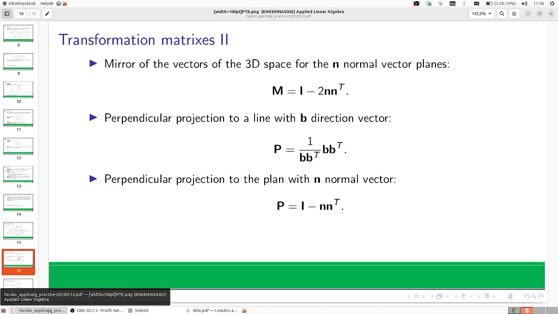This is good, but not the task. 1, minus 1. That's good. So from this, you will have this. The x, y are the same. The z is the opposite because it's a mirror. So it works.